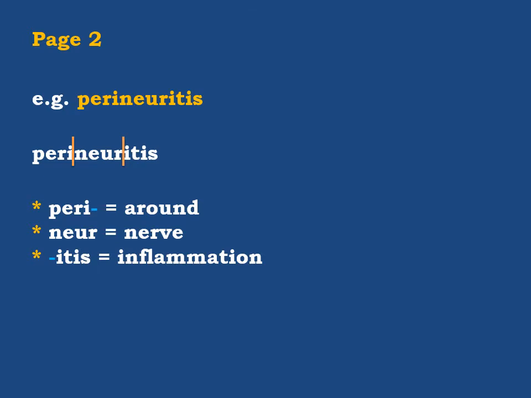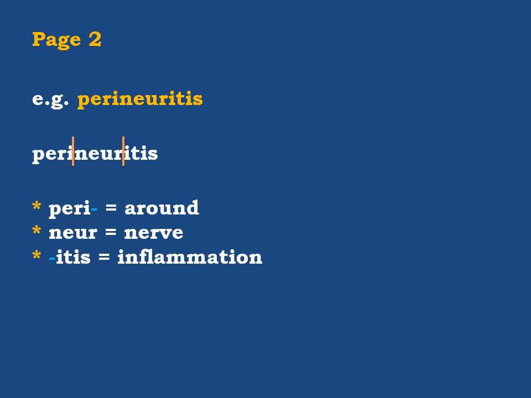So the first part is peri, and then we have neur, and then we have itis. So here we have three parts. And peri here is a prefix, neur is a root, itis is a suffix.